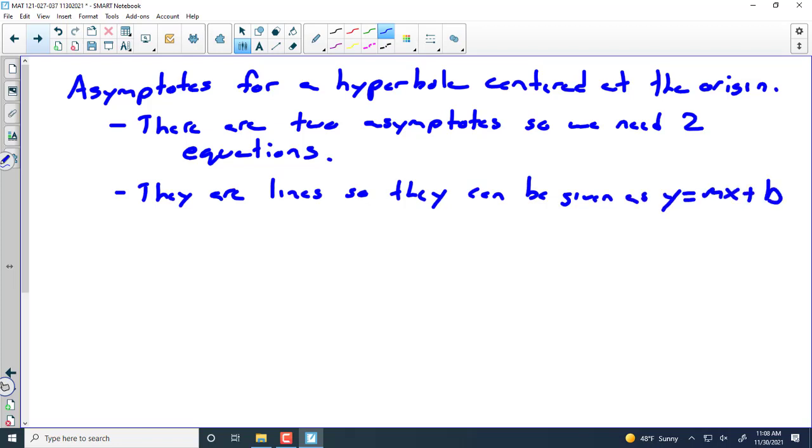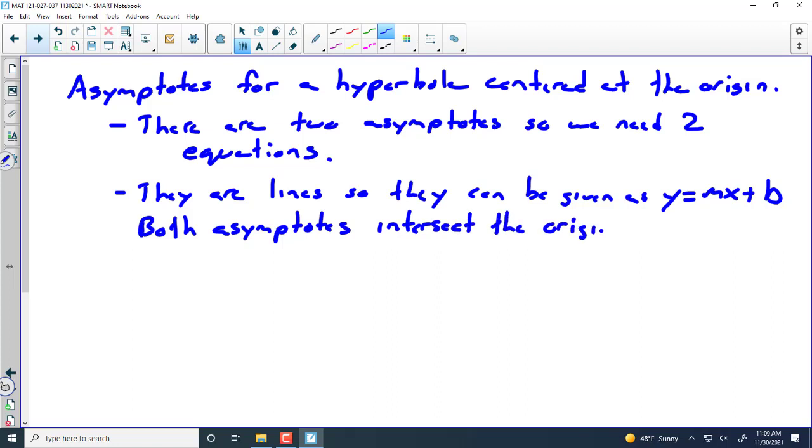The asymptotes are lines. And the way you write the equation of a line is y equals mx plus b. If you want to write the equation of an asymptote, for one of these hyperbolas, you need to write the equation of a line. Both asymptotes intersect the origin.